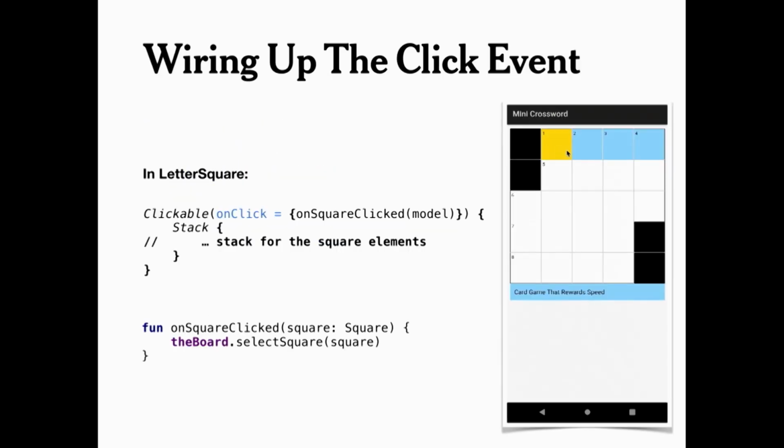Next up, we want to wire up clicking so we can actually click around on the board and get it to do something. In Compose, you have a clickable wrapper. I can wrap that stack view that we had in our letter square with a clickable, and then that whole thing becomes clickable, and it fires off this lambda here, which I'm going to call onSquareClicked.